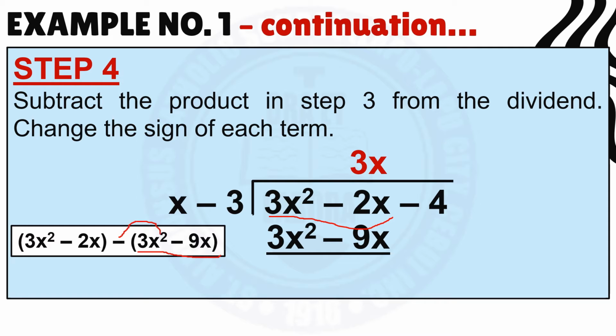So distribute, that's why it becomes minus. Distribute again, so it becomes plus. Then simplify, therefore it becomes 7x. Then bring down minus 4.